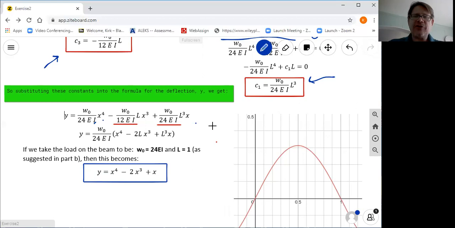We can do some factoring out there. We've got a W sub 0 and a 24 EI that essentially appear in all 3 of those terms. So kind of a nicer way to write that expression is what we've got right here.